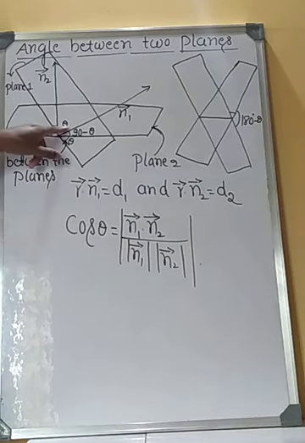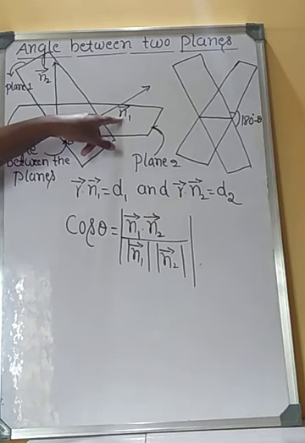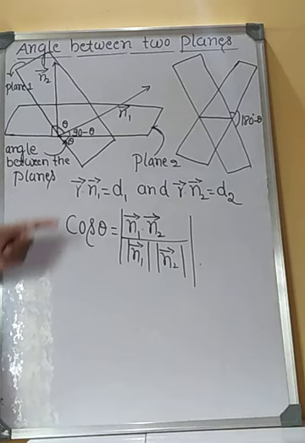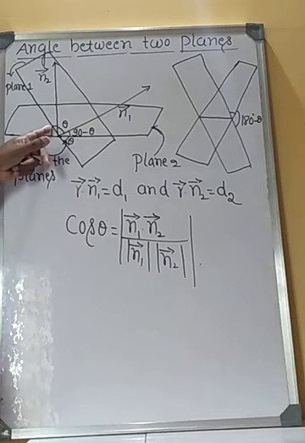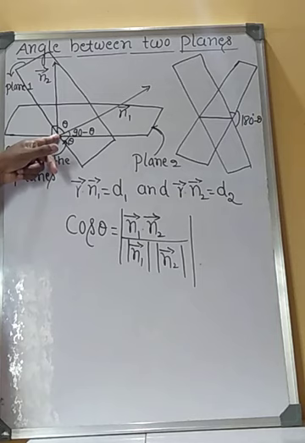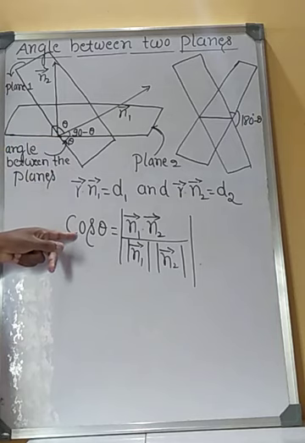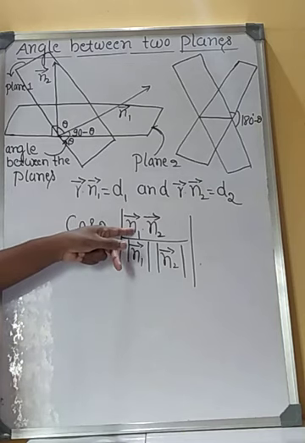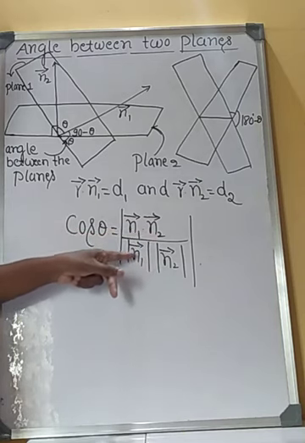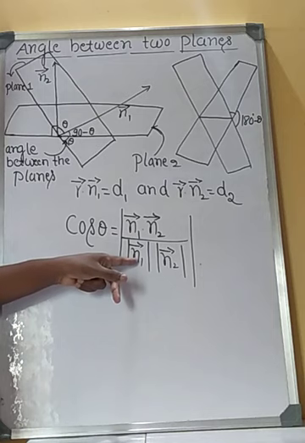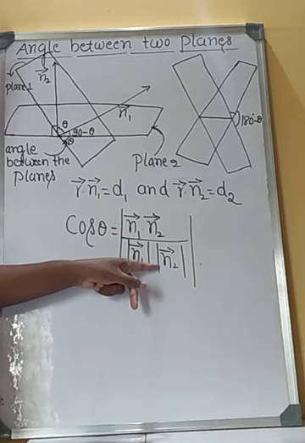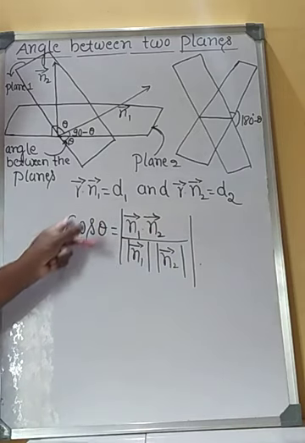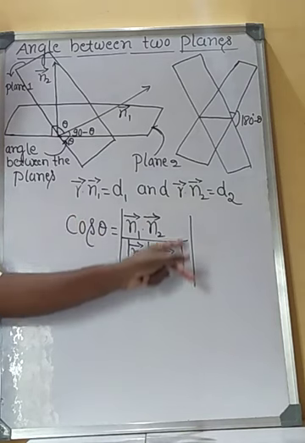Then theta is the angle between the normals to the planes drawn from some common point. We have cos theta equals magnitude of n1 vector dot n2 vector divided by magnitude of n1 vector into magnitude of n2 vector, which is the vector form of the equation of the planes.